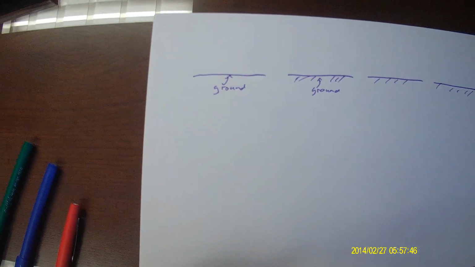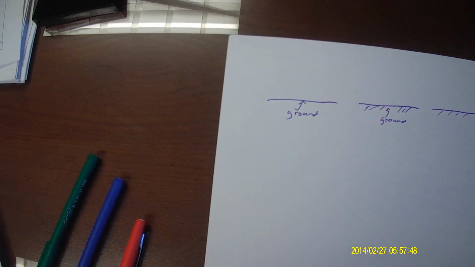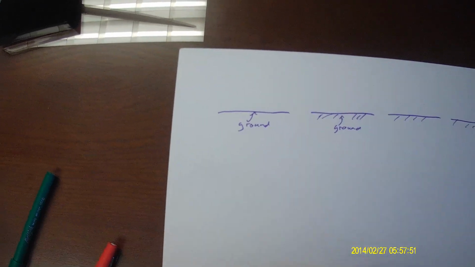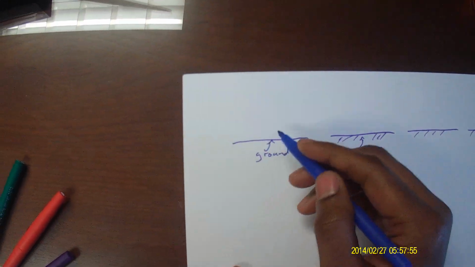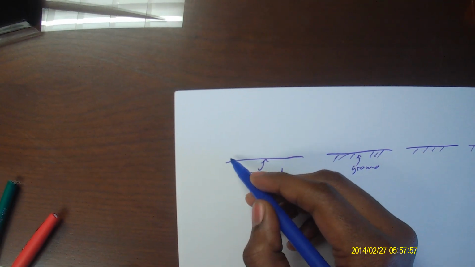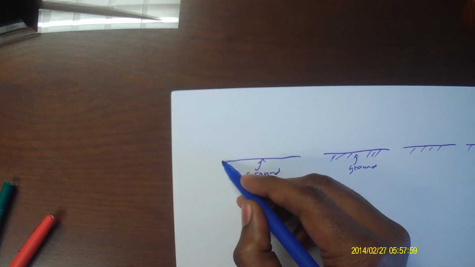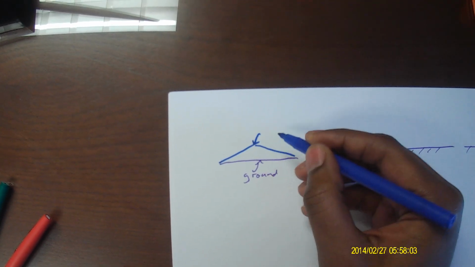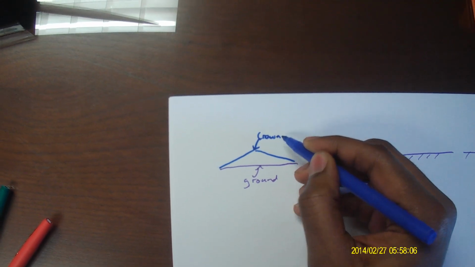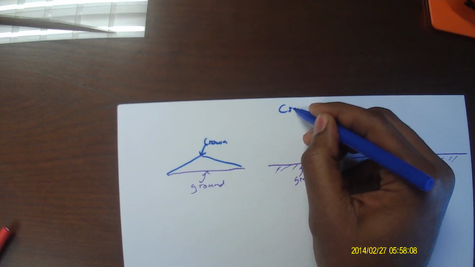All right, and I am going to really exaggerate the crown on the roadway. Okay, so here's the crown, and we're looking at cross-sectional views here.